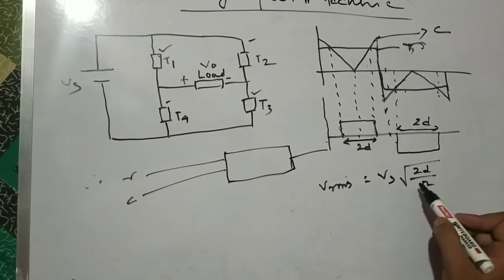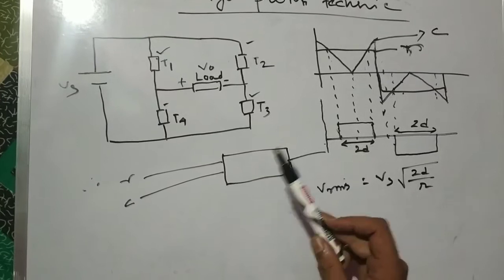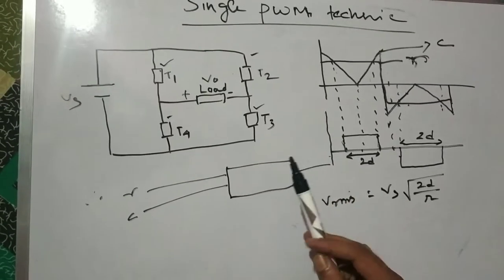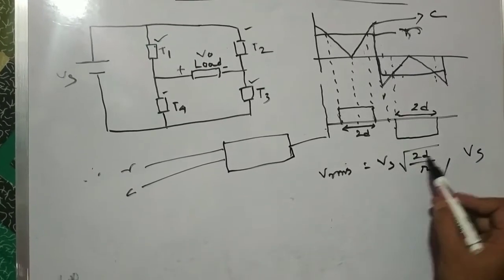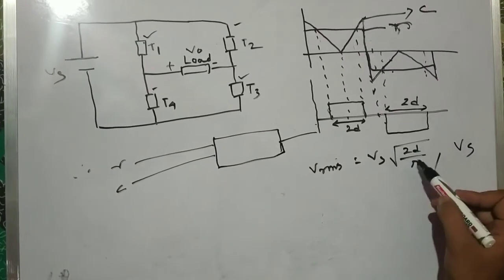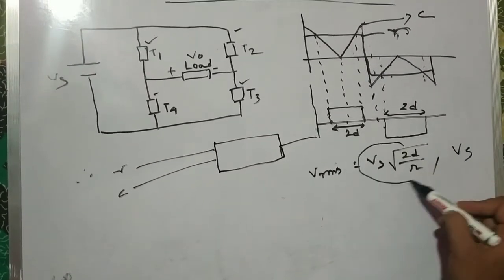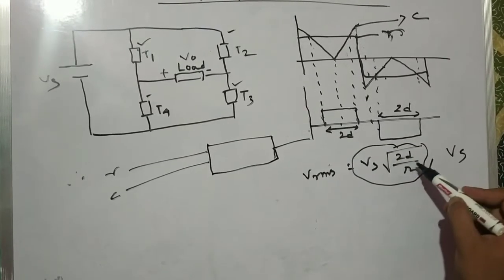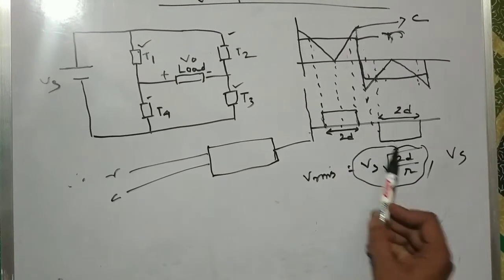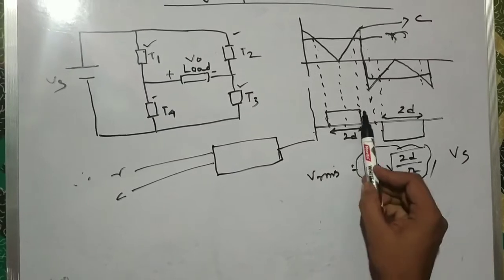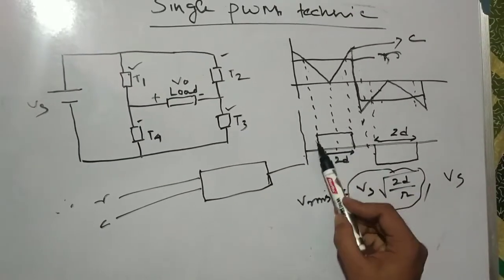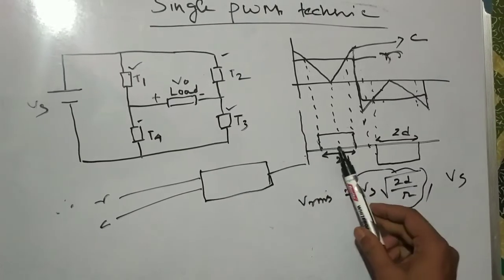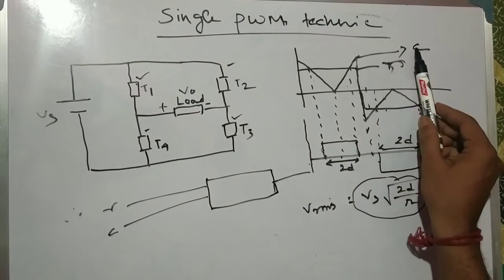For the normal single phase full bridge inverter the RMS value is Vs. Now the RMS value is changing because it depends on 2D, the pulse width, and we can control the pulse width by the carrier and reference signals.